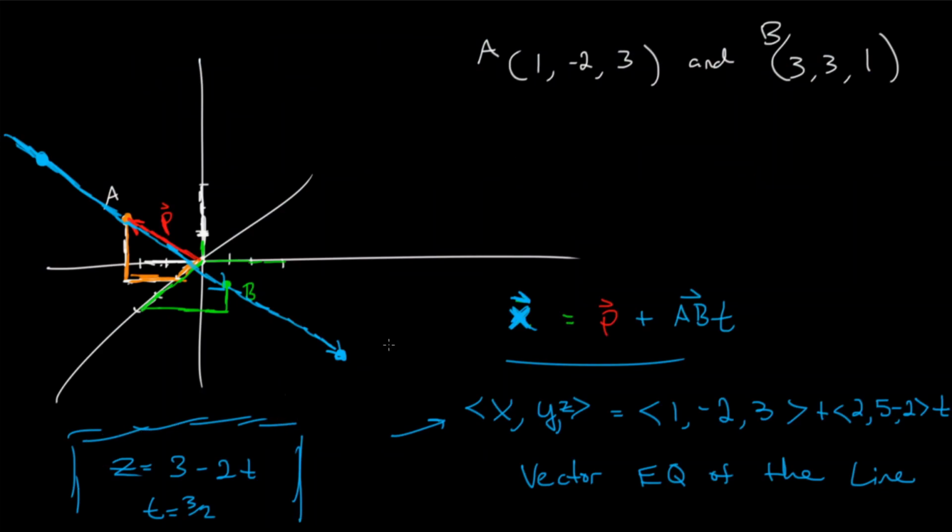For example, I wanted to know when the z value is 0, or when this line is crossing through the xy plane, when it pierces the xy plane. So I just need to set z equal to 0 there. 4, 11 halves, 0 is when we pierce through. 4, 5.5, 0 is when we cross through.